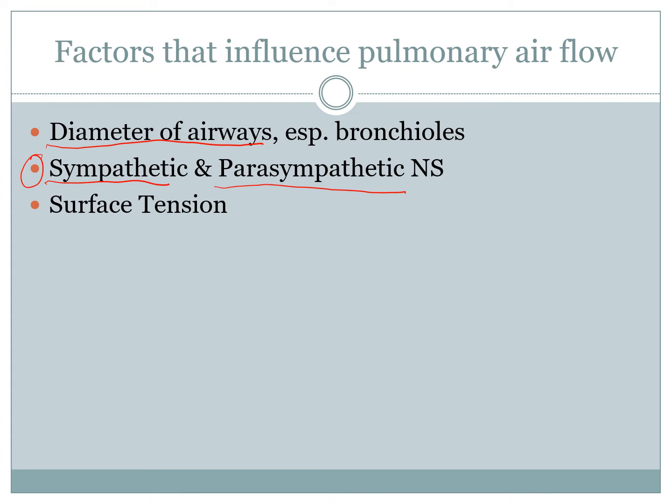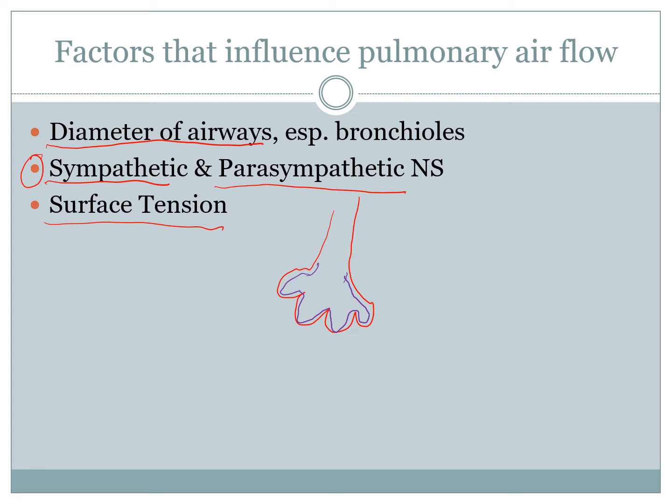Surface tension is probably the main one that assists us in maintaining the internal volume of our alveoli. Surfactant, produced by specialized pulmonary cells, lines the surface of the alveoli and decreases the overall surface tension in the alveoli sac.